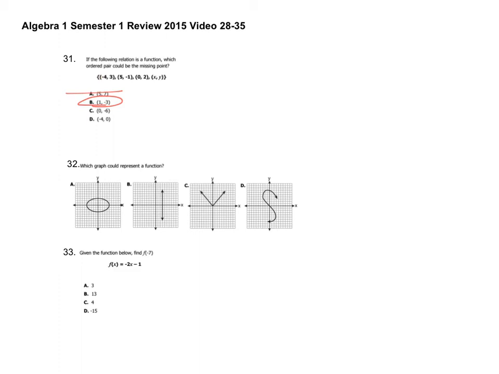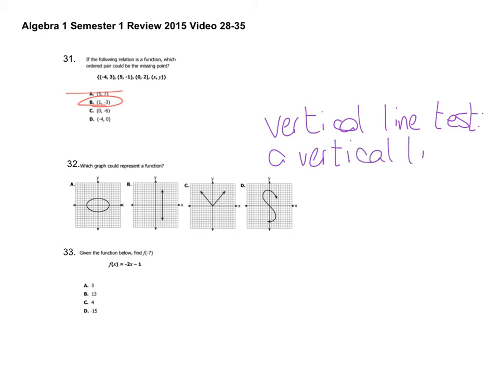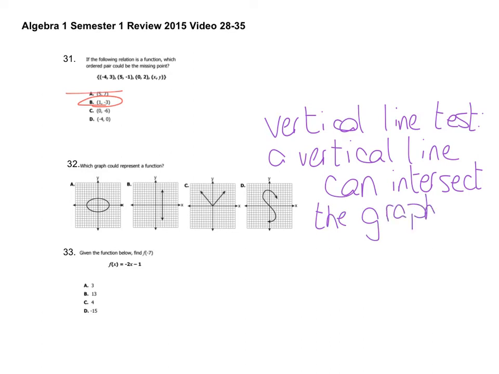Next one. We've got graphs. Let's recall the vertical line test. To be a function, a vertical line can intersect the graph in only one point.